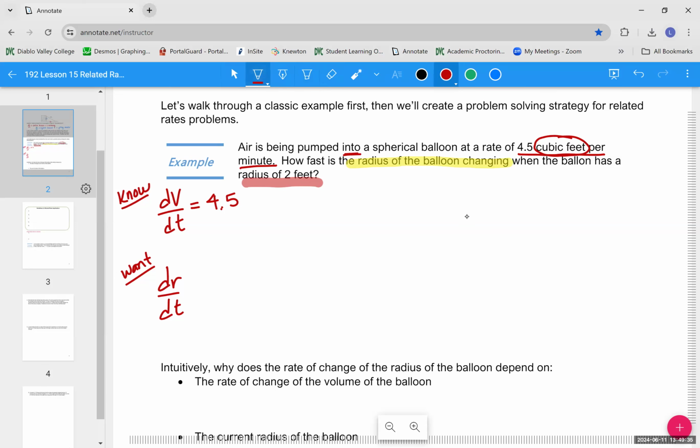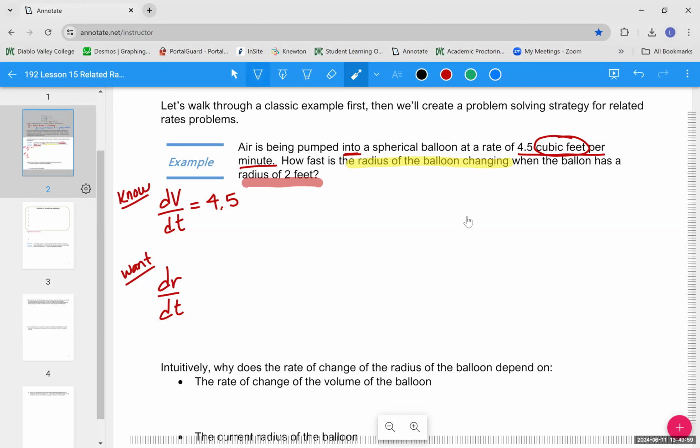So what's really important to notice in this type of problem is that when the balloon has a radius of 2 feet is that instantaneous moment that they're asking about. It is not true that the radius is 2 feet this whole time. It is not a constant, right? Air is being pumped in, balloon's getting bigger, radius is constantly changing.